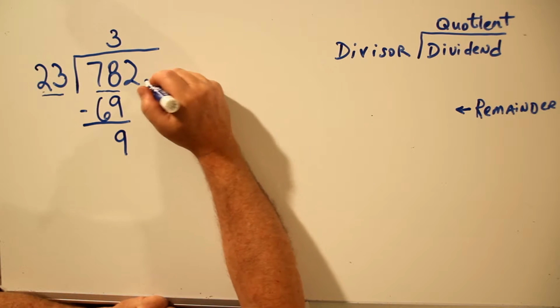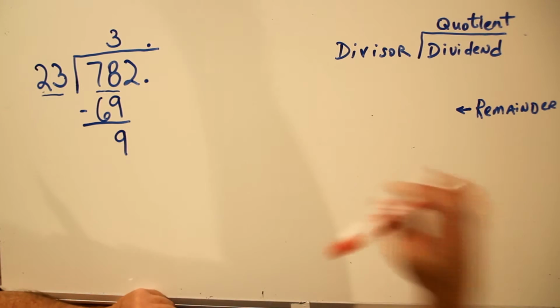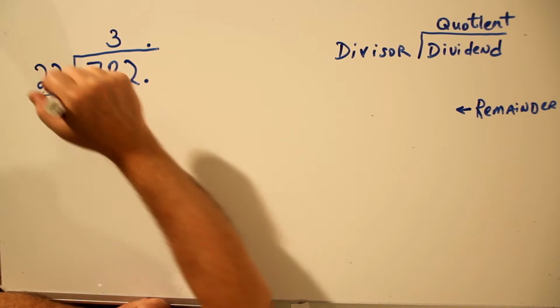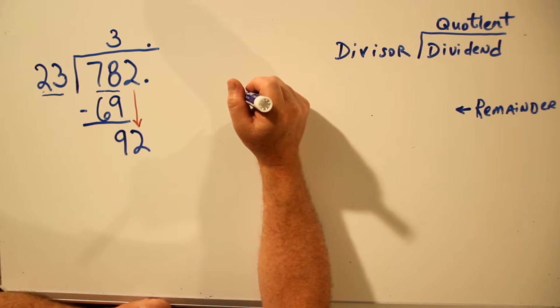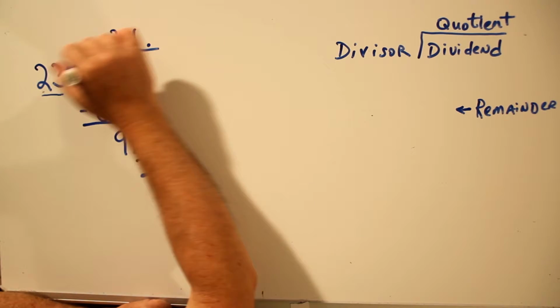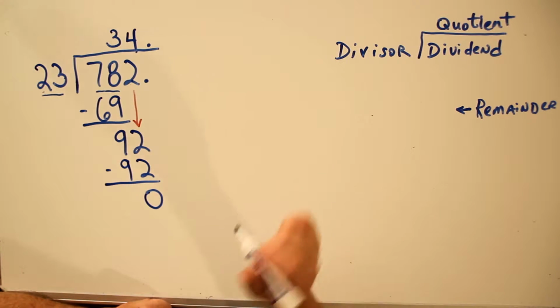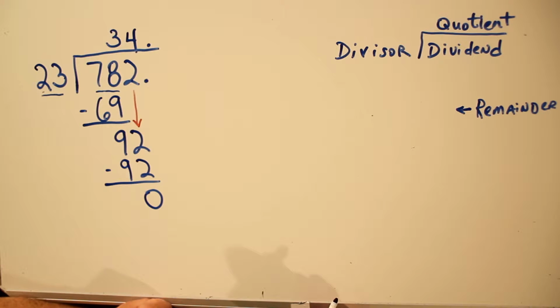Okay, we still have another digit to go before the decimal place. So what we do is bring down the 2, and now we divide 23 into 92. 23 goes into 92 4 times. 4 times 3 is 12. Carry the 1. 4 times 2 is 8 plus 1 is 9. Subtract. Remainder 0. So the answer is 34, or the quotient is 34.